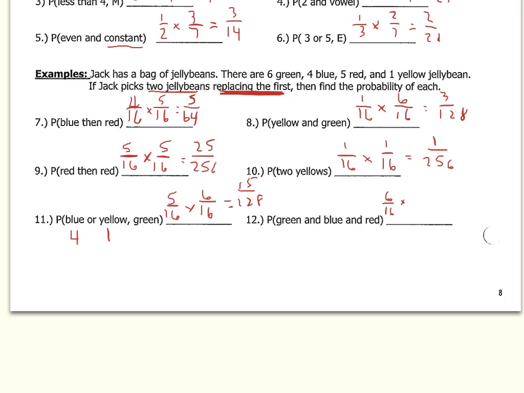Blue is 4/16. And then a red again is 5/16. And we multiply that, we're going to get 120 over 4,096, which is going to reduce to 15 over 512.